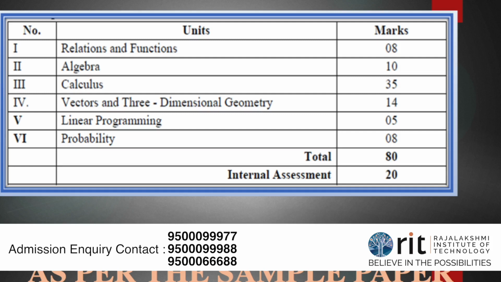That is of 10 marks. Calculus carries 5 chapters, chapter number 5, 6, 7, 8 and 9, from differentiation, continuity to differential equation. That carries a huge mark, 35 marks. Now, vector and 3-dimensional geometry, 14 marks. Linear programming, 5 marks. And probability, 8 marks. One chapter, 13.5, is deleted, as you know.